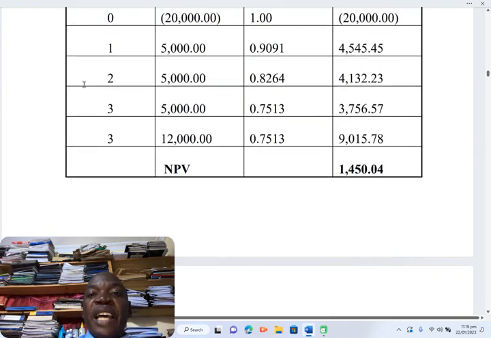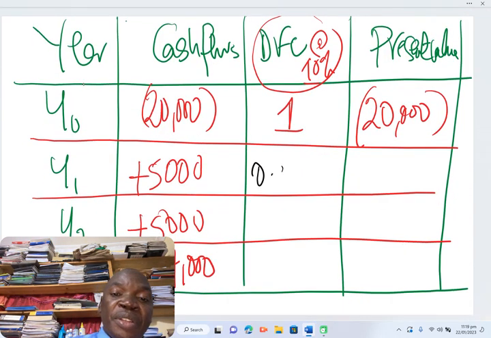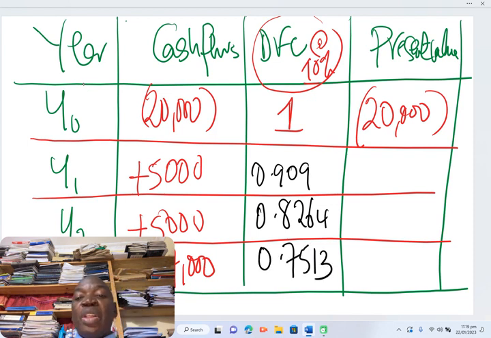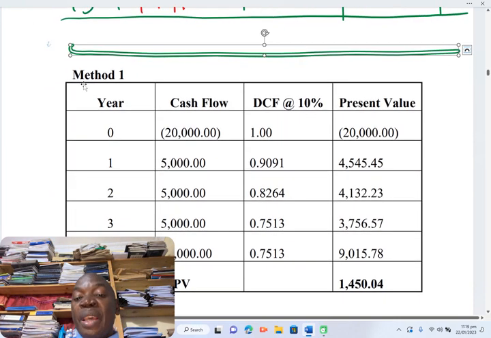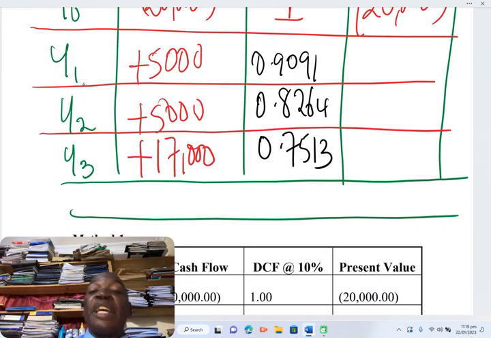So after having these numbers, you put here 0.909, 0.8264, 0.7513. Those discounting numbers, don't memorize them. It is very difficult, even looking at the table.